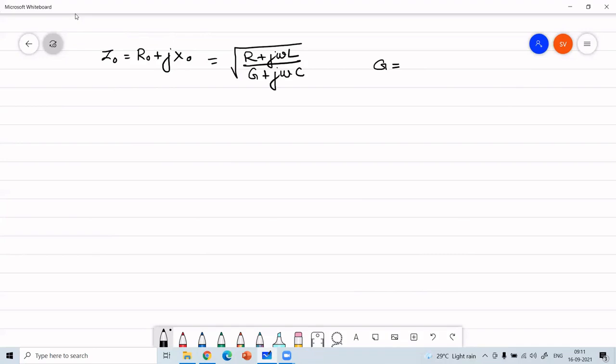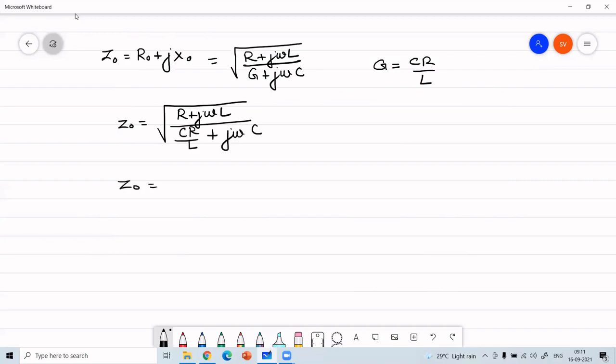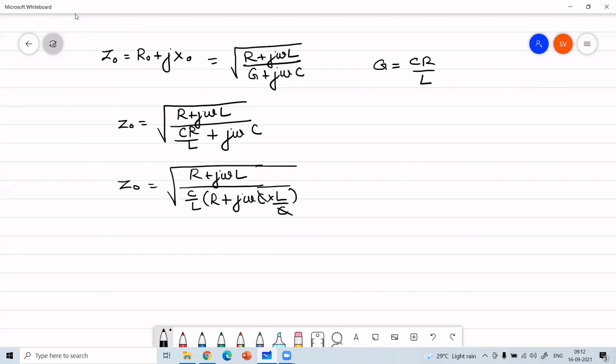I am replacing G with the equation G is equal to CR divided by L. So Z0 can be written as the square root of (R plus j omega L) the whole by (CR by L plus j omega C), or Z0 is equal to the square root of (R plus j omega L) the whole by C by L taken in common, C by L into (R plus j omega C into L by C). So C and C are cancelled.